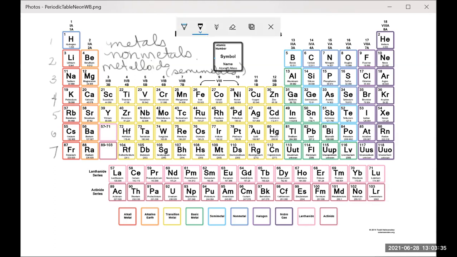If we look at these, let me just use this marker here. Except for hydrogen, which is a non-metal, we could draw it over here. There's a step mark right here.